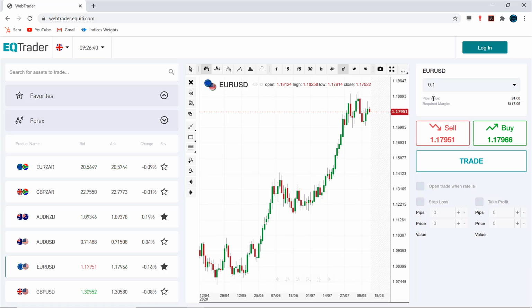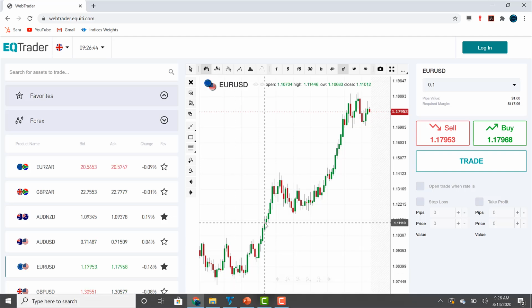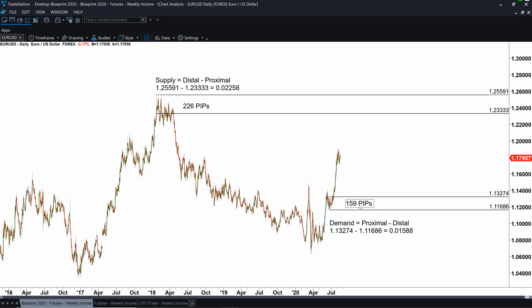So I know that my zone on the euro is 159 pips. I know that the pip value is $10. So I'm just timing this times the amount of pip value, whether I'm trading standard lot, mini lot, or micro lot.